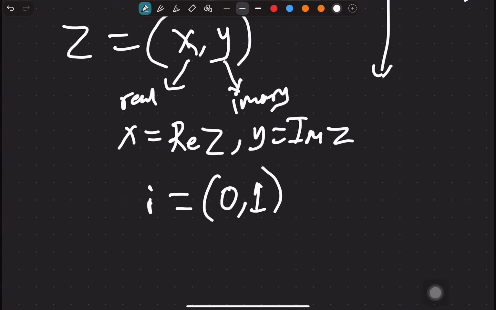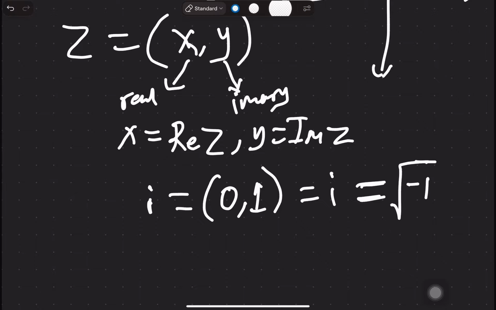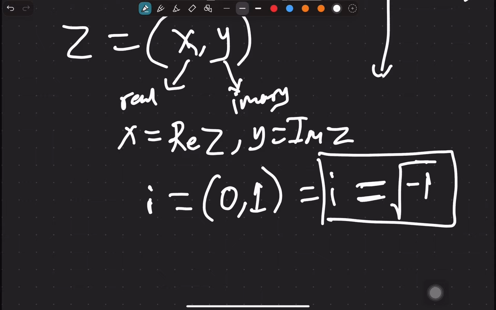That's why it is called an imaginary unit and denoted by i. Now it is also noted that i is equivalent to the square root of -1, which we'll be using in the later part of this video. The square root of -1 is i, called the imaginary unit.